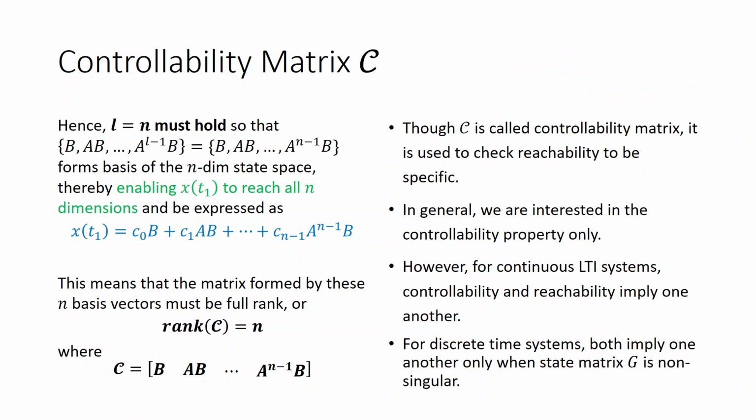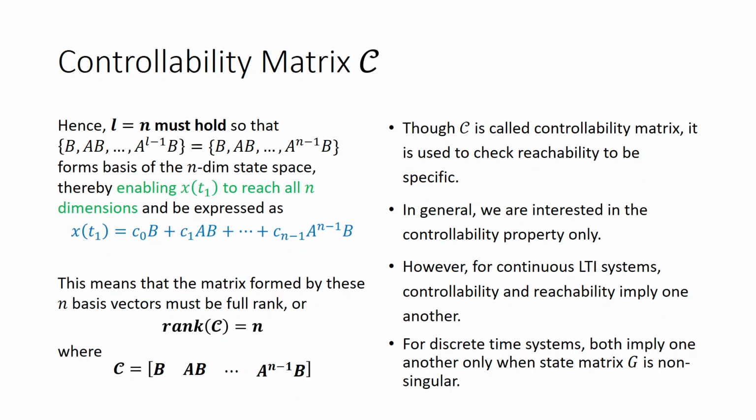Some points to remember. This I had already stressed: point number 1, it is used to check reachability. In general, we are interested in controllability. For continuous time, these are the same. For discrete time systems, G needs to be non-singular.